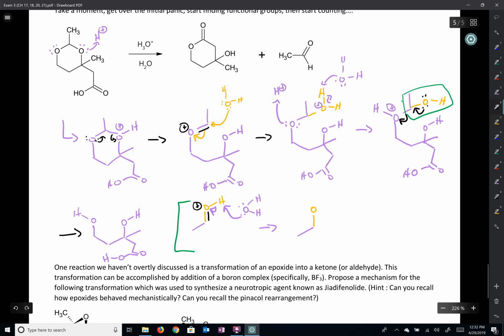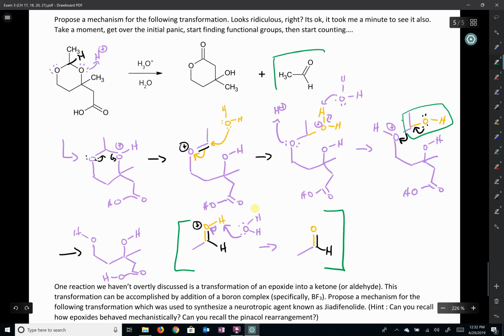Oops, sorry. I got ahead of myself there. I just emphatically put that hydrogen in there. The hydrogen was here all along. It's just understood. So there we go. That's how we make our aldehyde right there. This is a good pausing point.